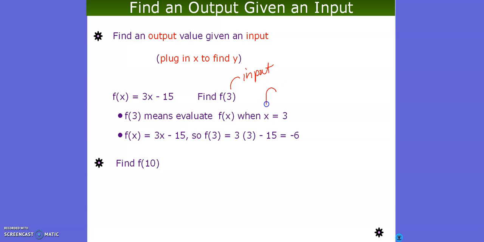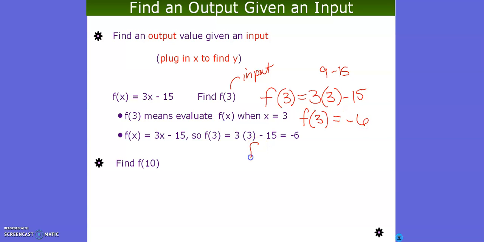I might write it this way. My function, when I plug in 3, is equal to 3, hey, plug in the 3, minus 15. And then I simplify. F of 3 will stay the same. That's my function. When I plugged in 3, I get, let's see, 9 minus 15 is negative 6.